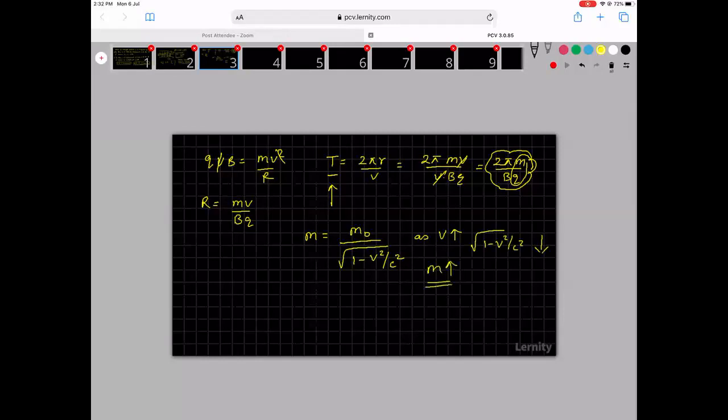When m becomes very large, the frequency of the cyclotron keeps varying, and you will find it very difficult to operate or make it work. So that is why a cyclotron is not suitable for accelerating very small particles like electrons, because of the low mass.